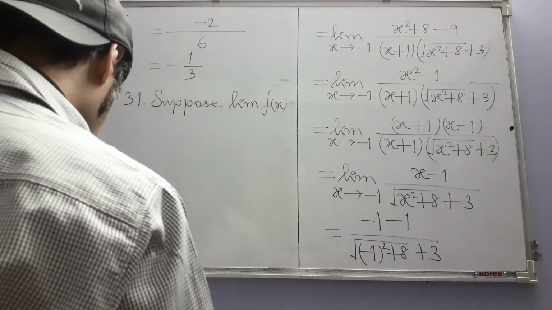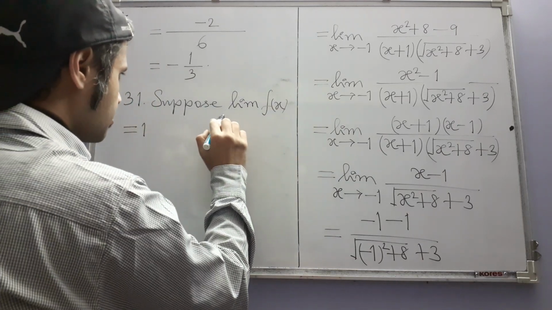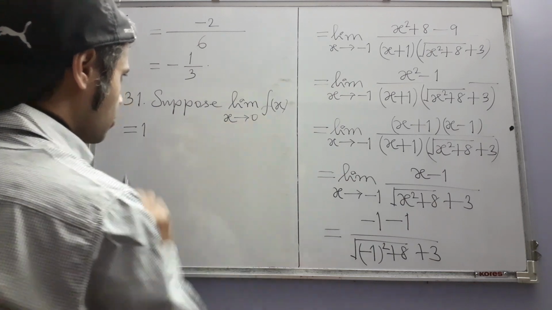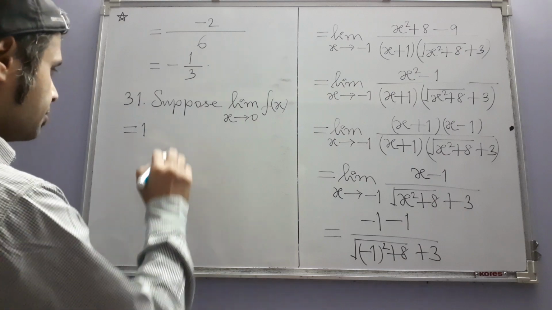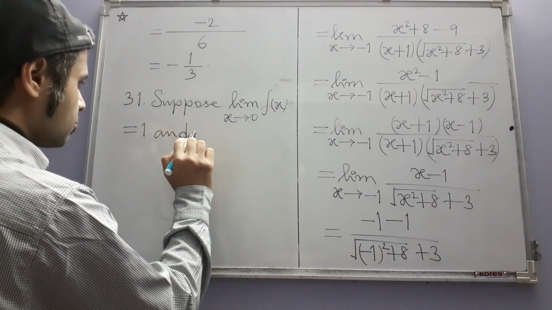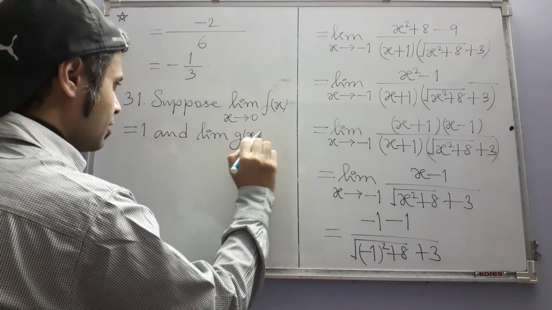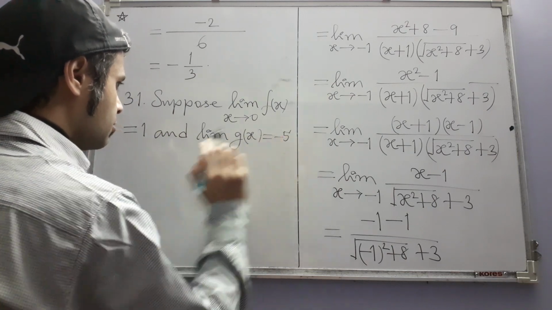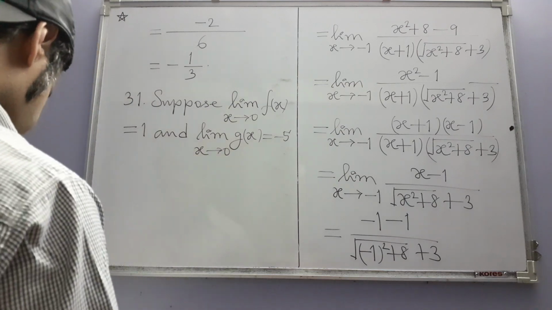The limit of f of x is 1 as x approaches 0, and the limit of g of x is minus 5 as x approaches 0.